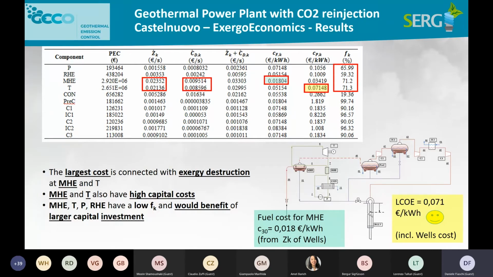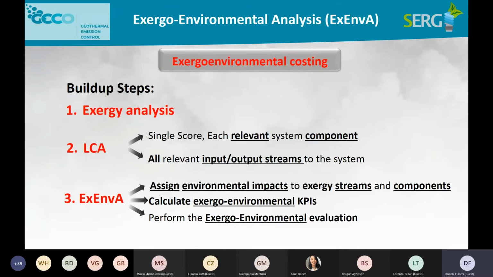While I move to the introduction of Exergo-Environmental analysis, a parallel approach to thermoeconomics, which combines the environmental impact costs in place of economic costs to Exergy analysis of energy systems.